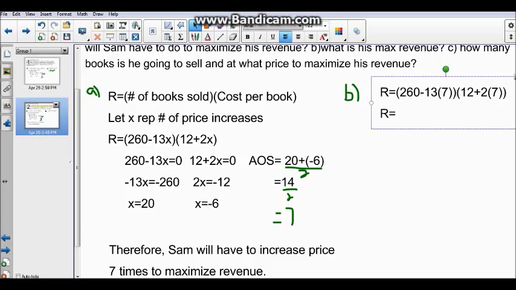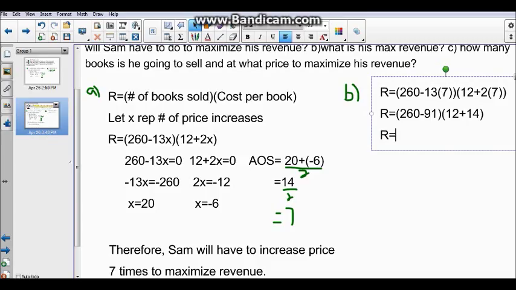So revenue equals (260 minus 13 times 7), so 260 minus 91, times (12 plus 14).